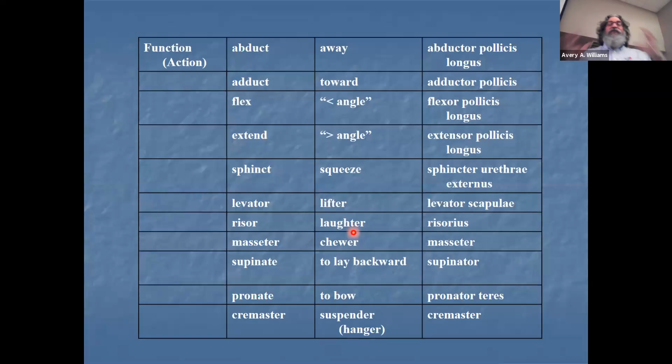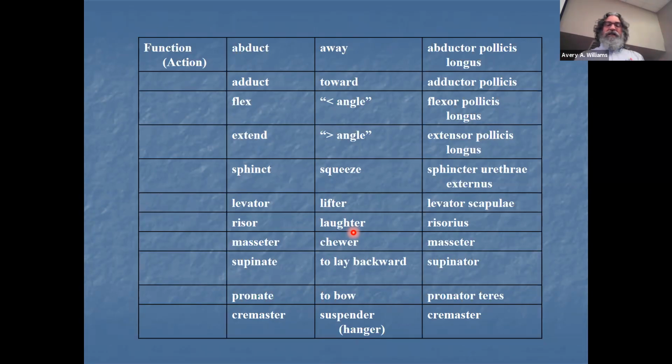Yeah, only mammals can do that, and so that's the function of these muscles. They serve no other function other than change the shape of your face for one reason or another. Why would you change the shape of your face? That's all a part of communication, so mammals communicate with one another with visual cues.